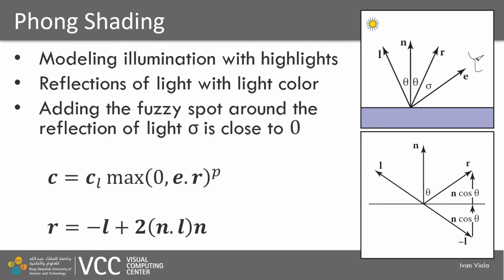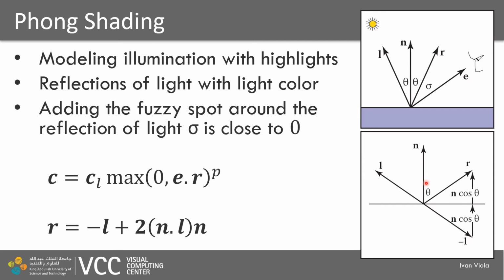We have our light vector here, and when we negate that light vector, we get to this position, minus L. The reflection vector is minus L plus twice n dot L. So n dot L is the cosine theta, and this cosine theta is this length, and it is this length as well.